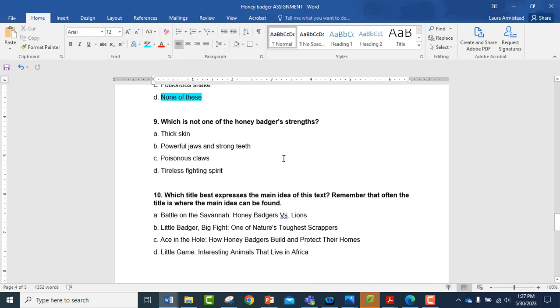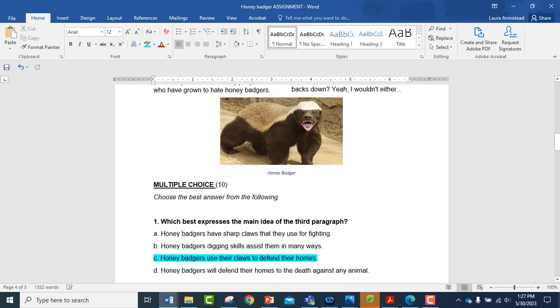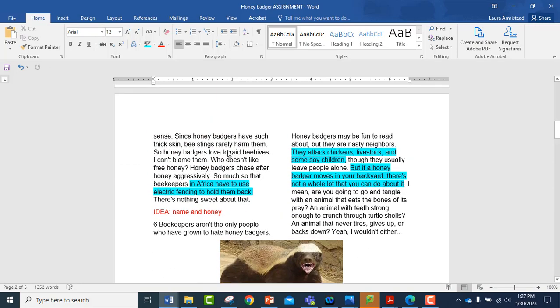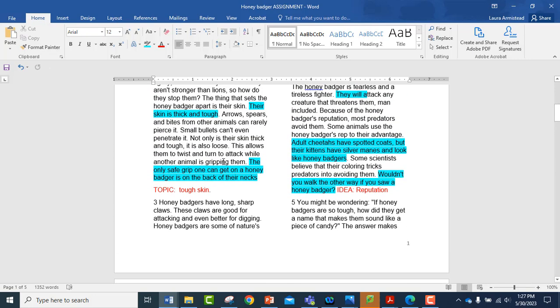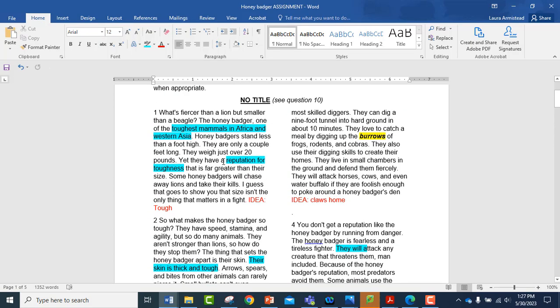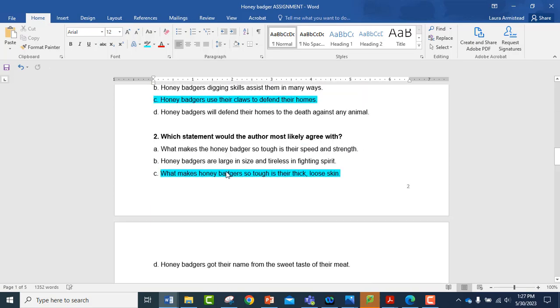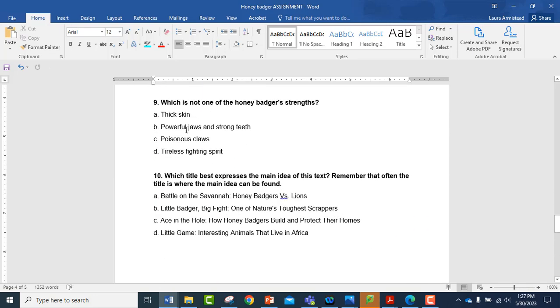Which is not one of the honey badger's strengths? Well, it does have thick skin. Does it have powerful jaws and strong teeth? They have long, sharp claws. They do.